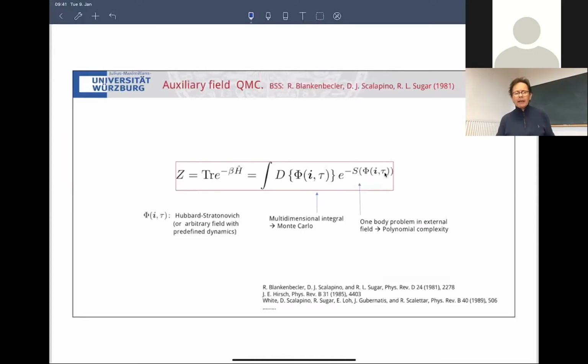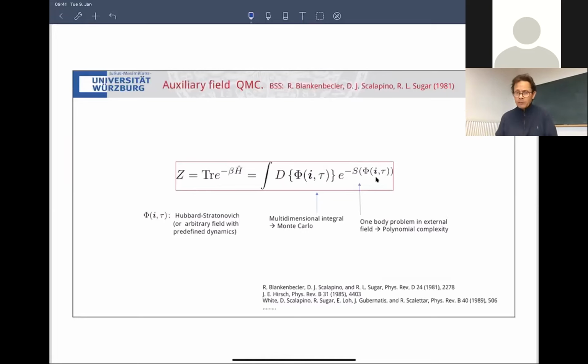This action has to be easy in the sense that it's a one-body problem in an external field. If you give me the field phi, I can calculate this action in polynomial time. What I cannot do in polynomial time is the integration over this field, and this will be done with Monte Carlo. You see right away that this can only work if this action is real.